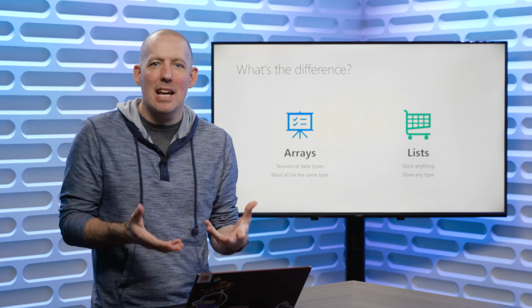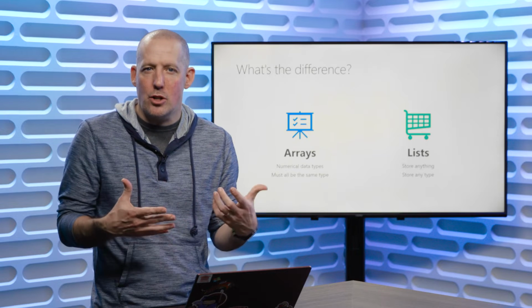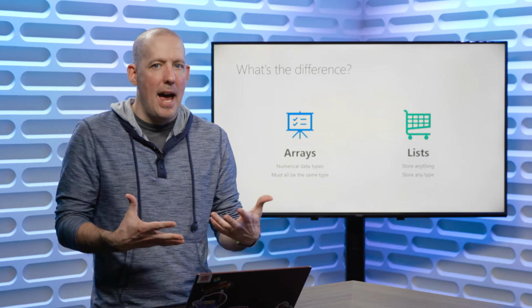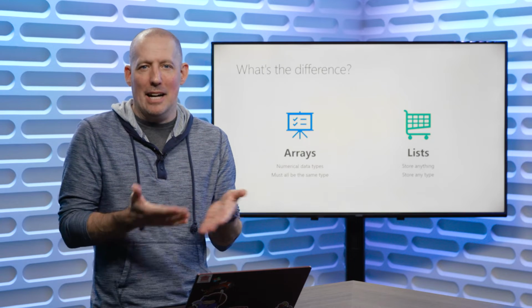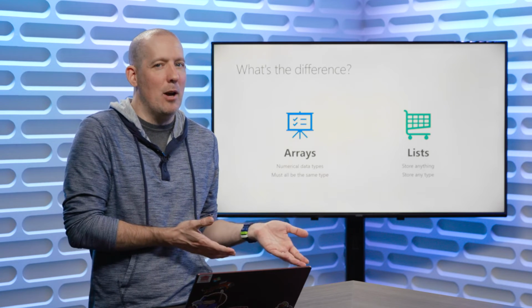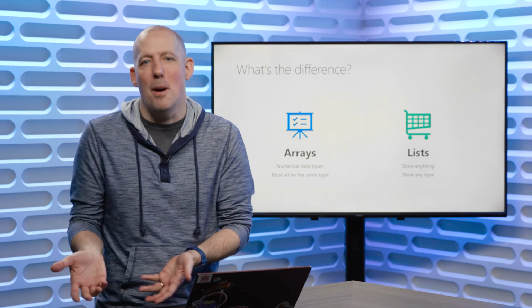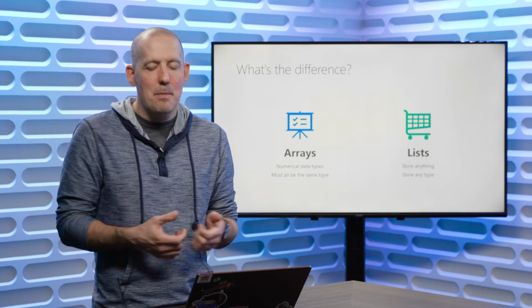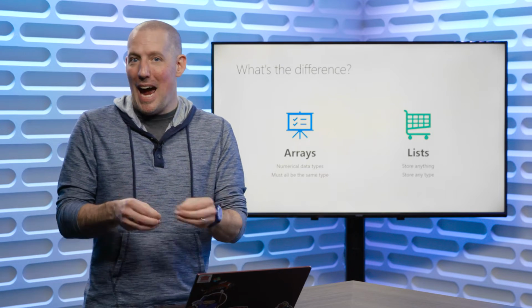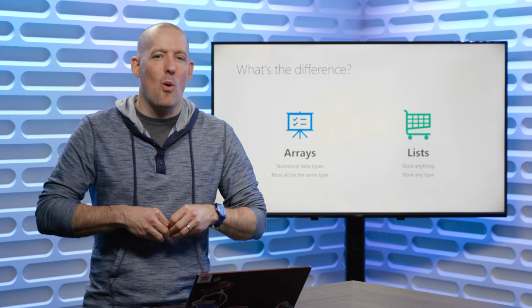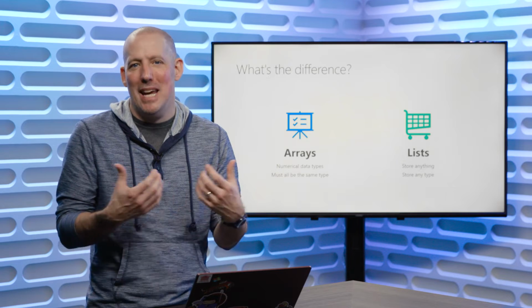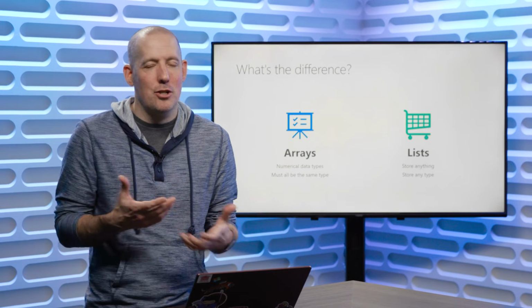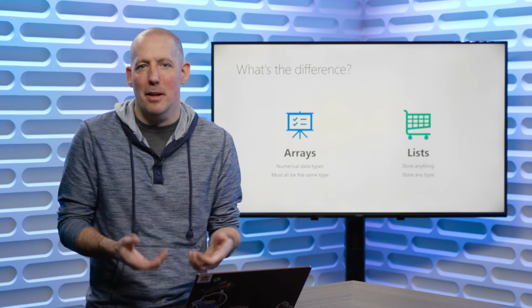And so that can give you a little bit of extra structure and help you avoid a class of bugs, because it's going to prevent you from accidentally, say, putting in a string where you were just dealing with numbers. On the flip side, a list can actually store any data type, can be mixed data types, etc. So our list is just going to give us that much more flexibility.